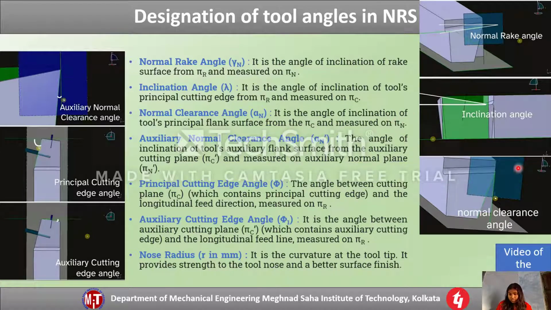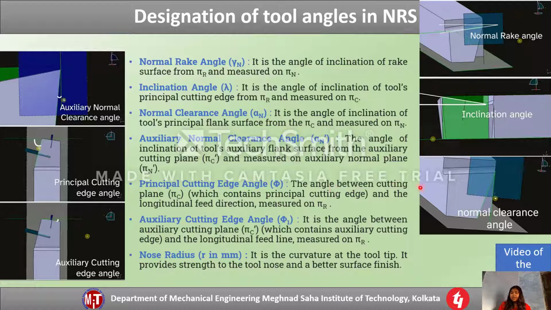Look, this is the normal plane, and this is our principal flank surface. And this angle is our normal clearance angle, alpha n.